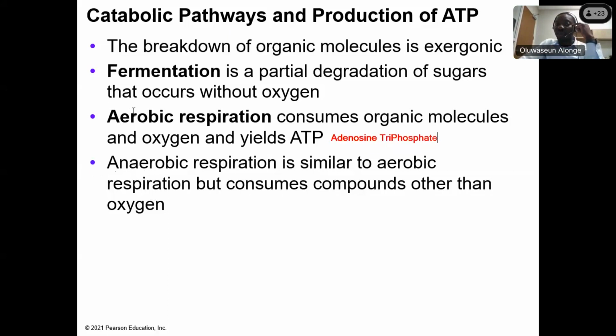So aerobic requires oxygen, anaerobic does not require oxygen. Anaerobic respiration is similar to aerobic, but it consumes compounds other than oxygen.